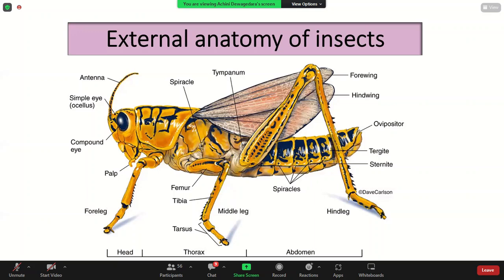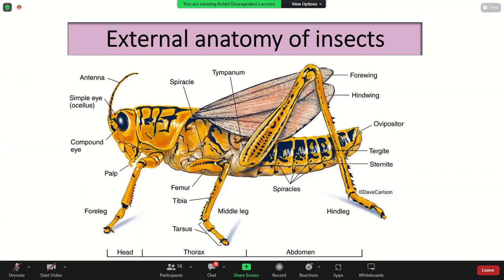A sample is what we use to learn, a typical insect. So as a typical insect, a grasshopper can be used. Here you can see a grasshopper, and we will be learning about all the parts that are externally available in insects, right?